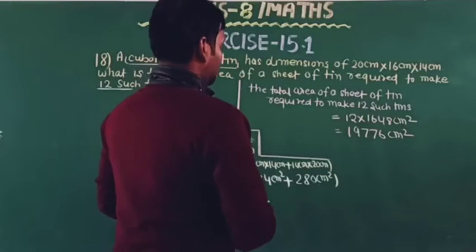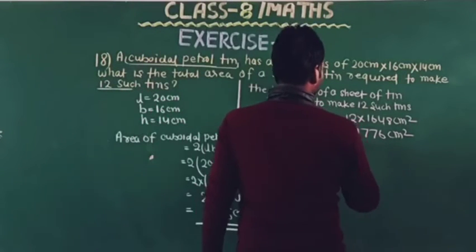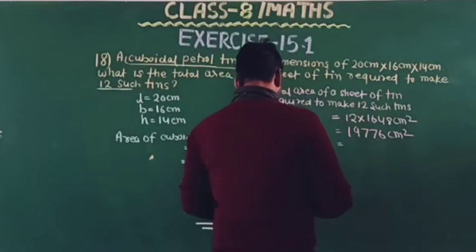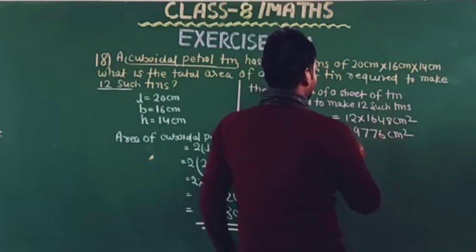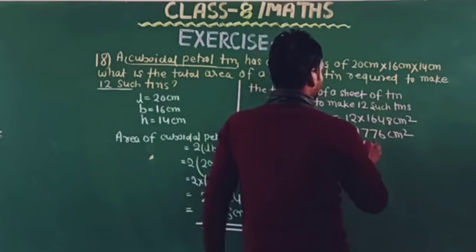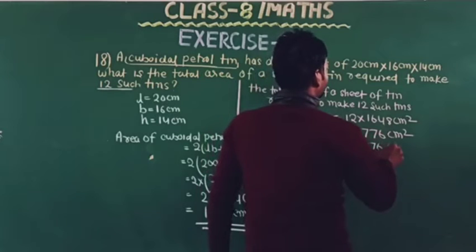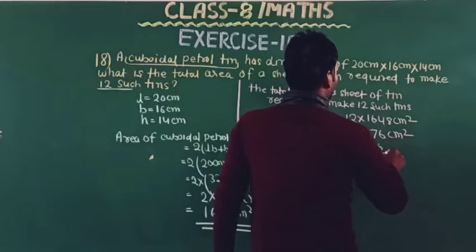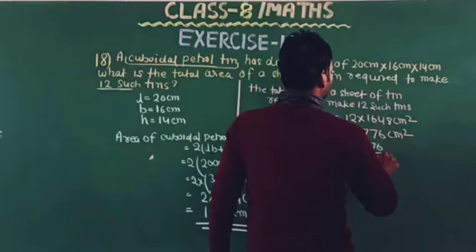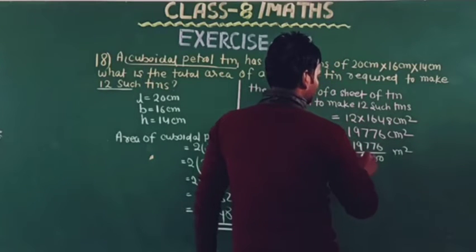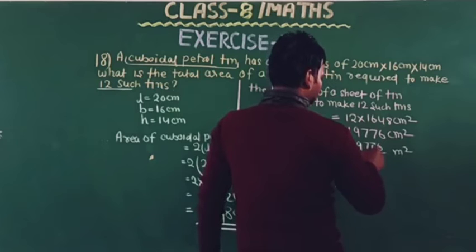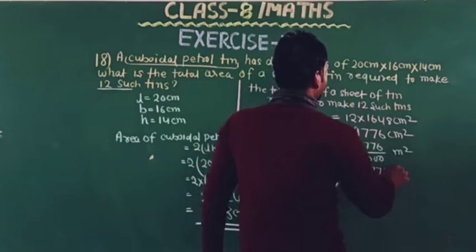And also to change into meter square, we need to divide 19776 by 10000, so we get 1.9776 meter square.